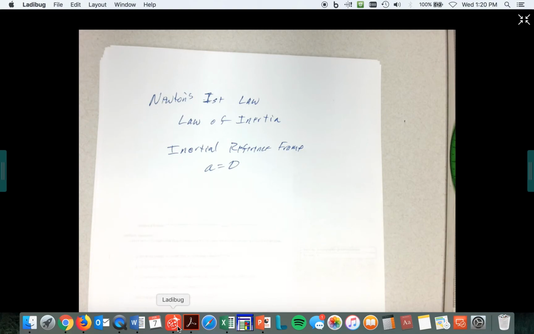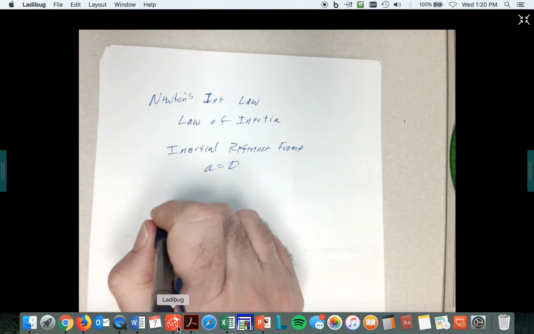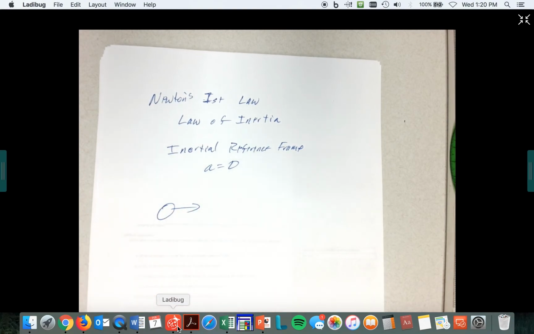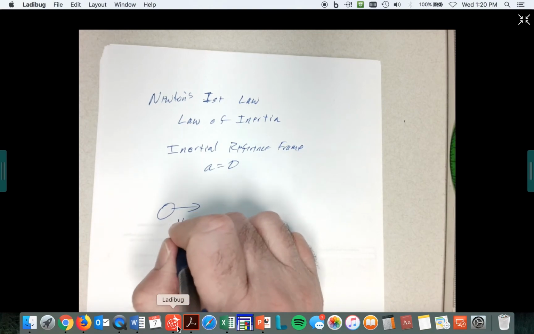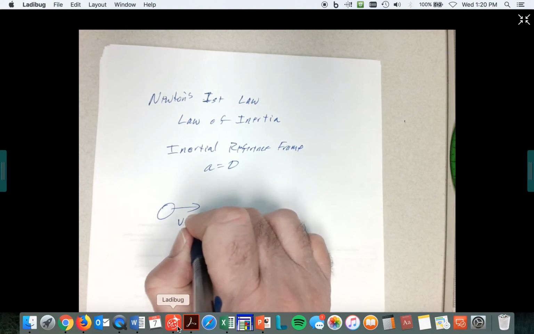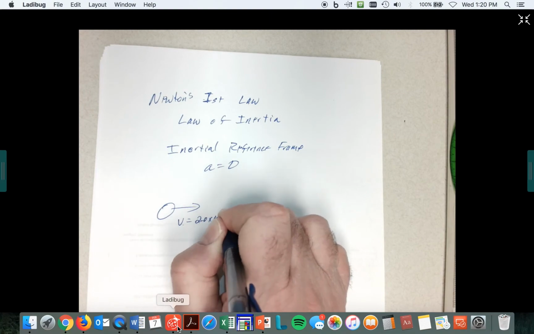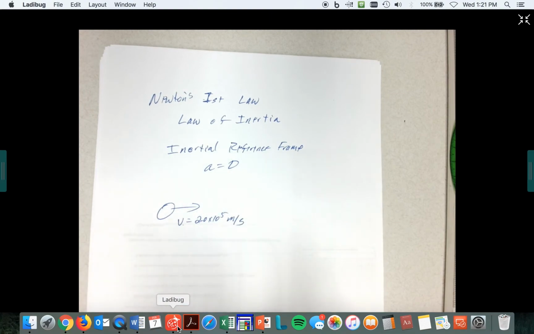It is just saying that once an object is moving, say a ball with velocity equal to 2.0 times 10 to the 5th meters per second, flying along in deep dark space at a constant speed, it's going to go that way unless acted upon by an unbalanced force from somewhere outside of it. The object itself does not create the force.